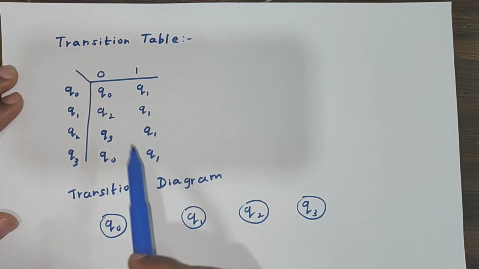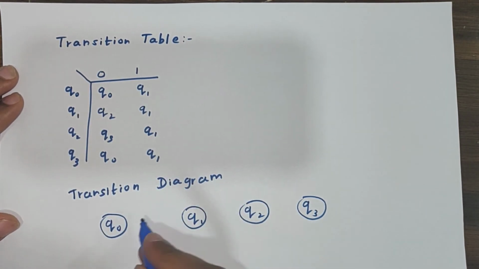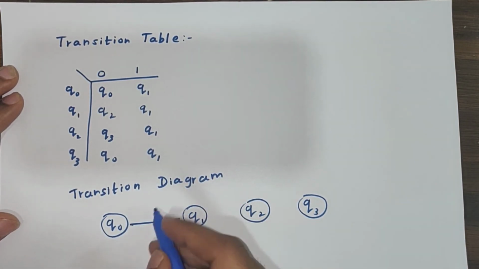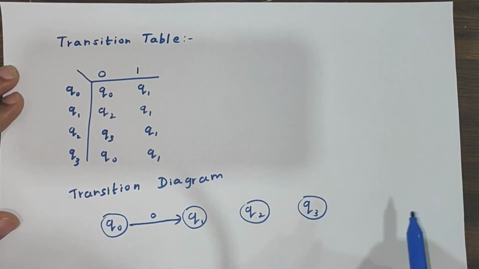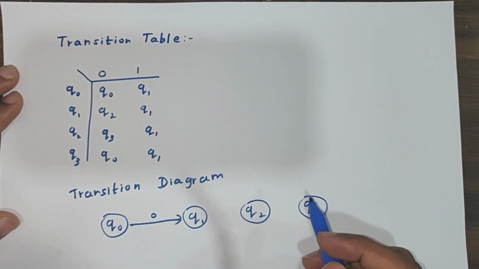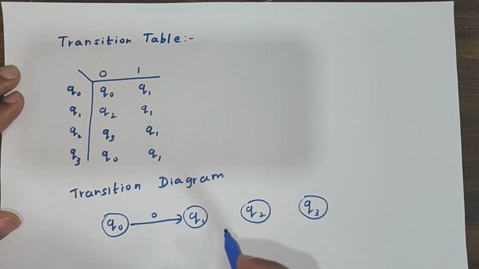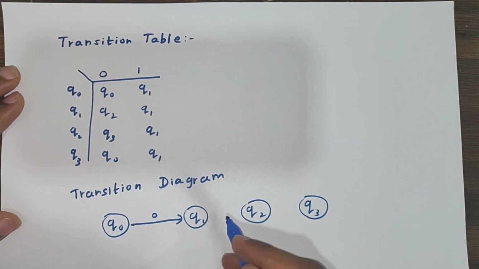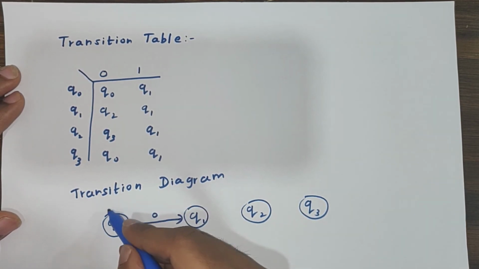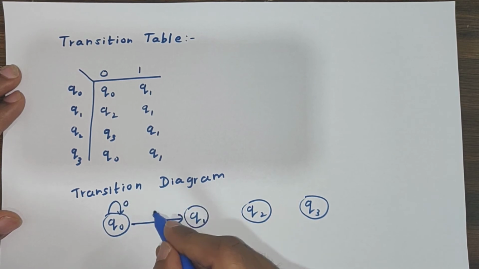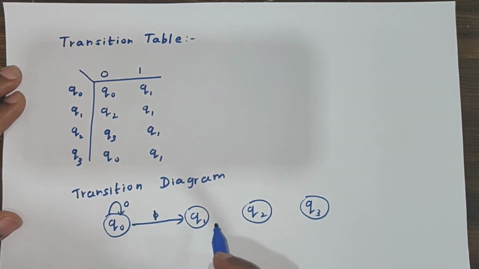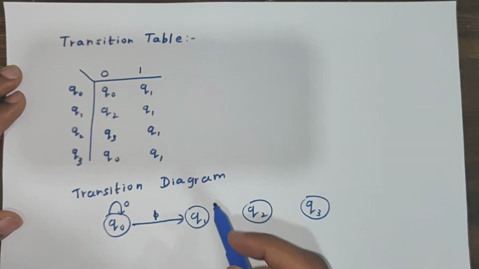Now Q0 on 0 goes to Q0, Q0 on 1 goes to Q1, and Q1 on 0 goes to Q2.